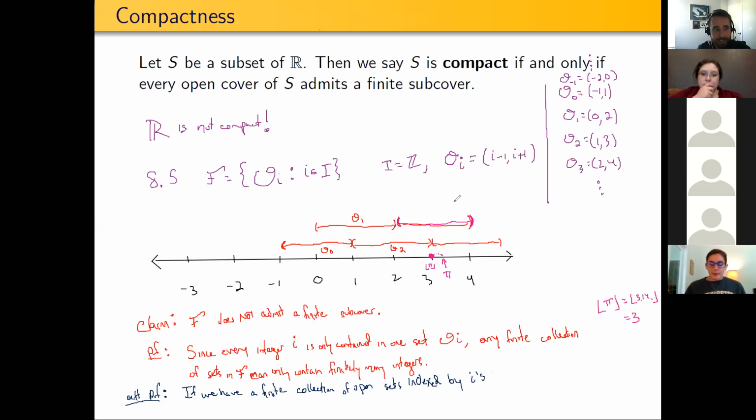So our i's are elements of the integers here. And so if I have a finite collection of these open sets indexed by i's, so that would mean I have an I sub 1, I have an I sub 2, up to I sub n, right? So there's just a finite list of these.